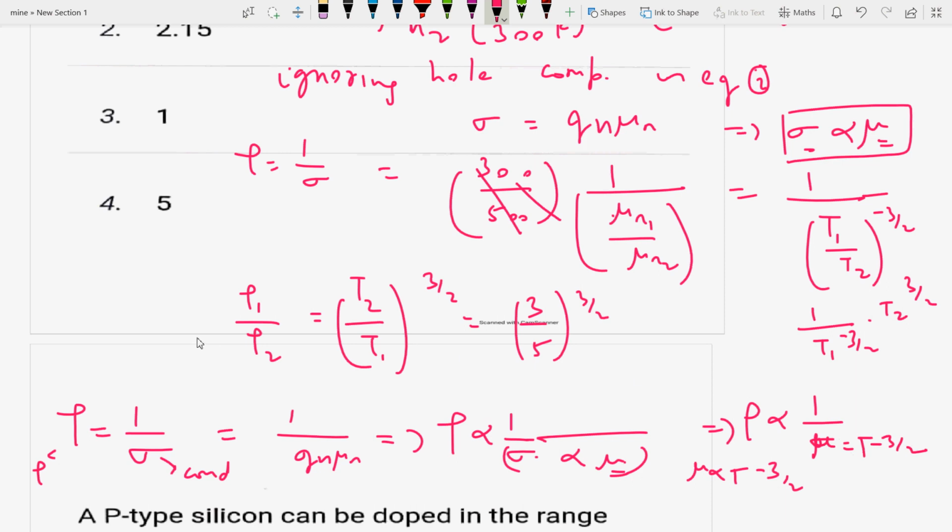So if I take it as rho 1 by rho 2, I can take it as T1 by T2 to the power minus 3 by 2, right?